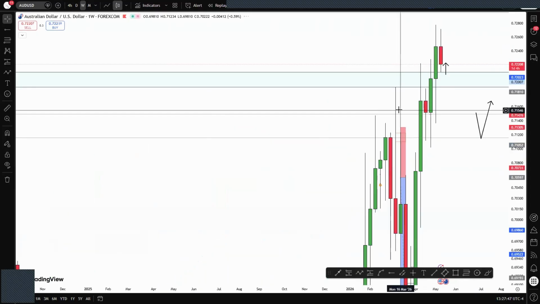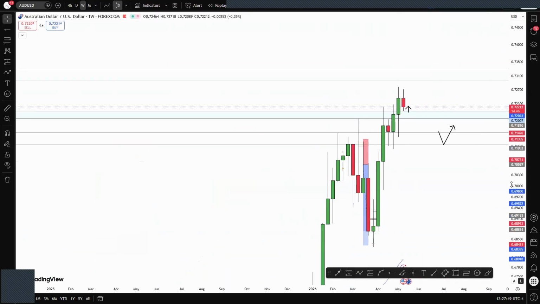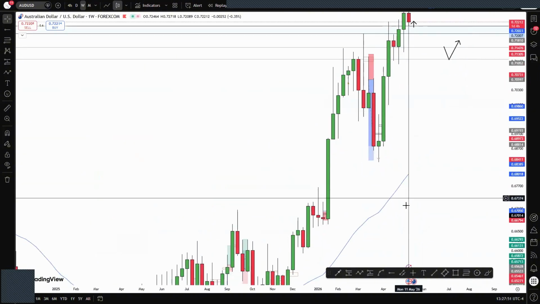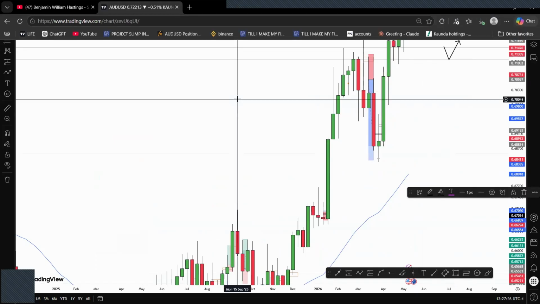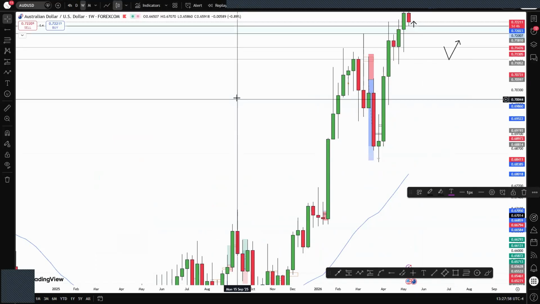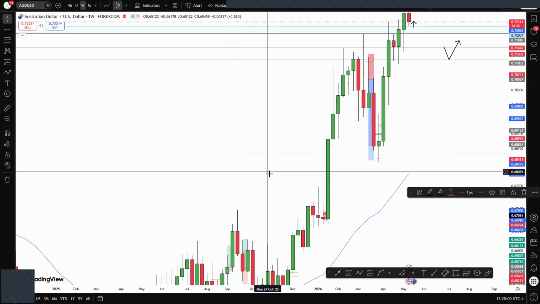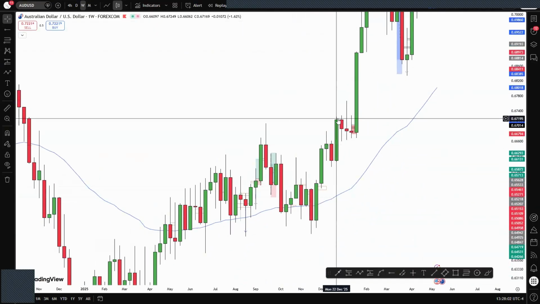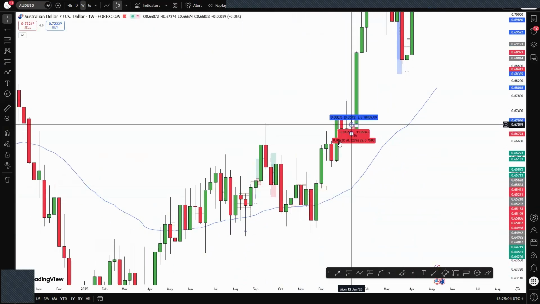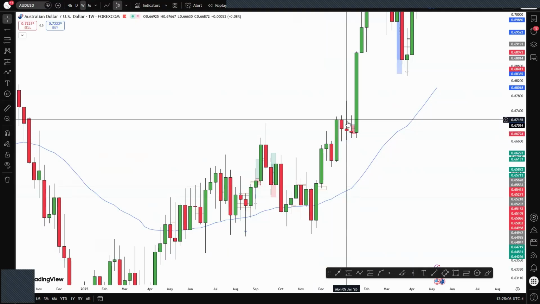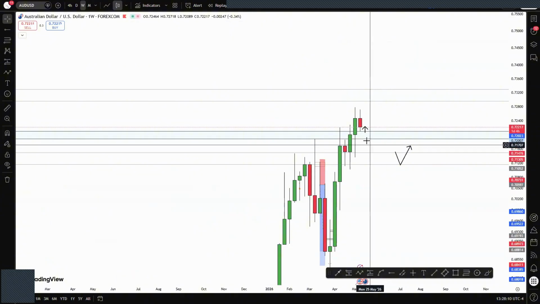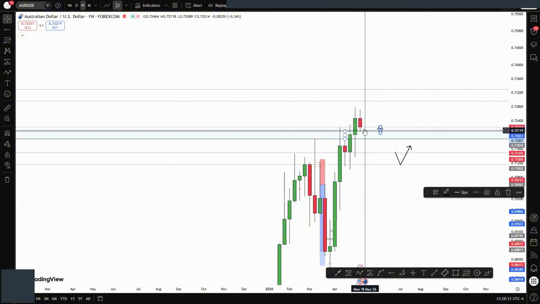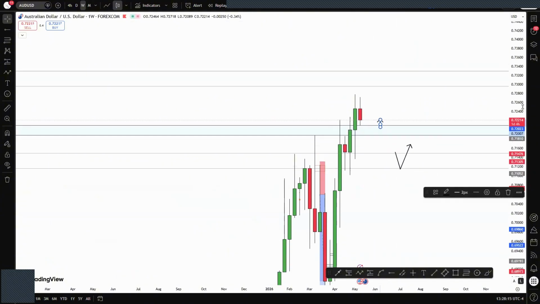But on the weekly time frame now, it's that time where price breaks, gives you a bit of push to the upside, then gives you that deeper retest now, and that's what price looks like it's doing.